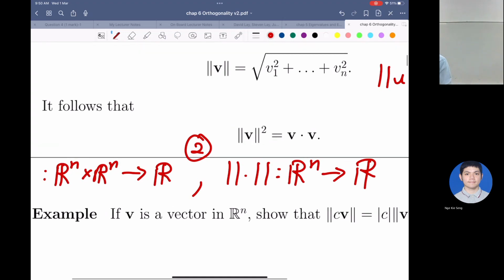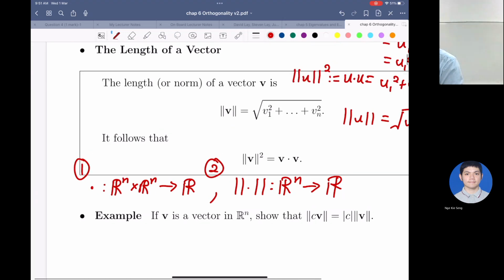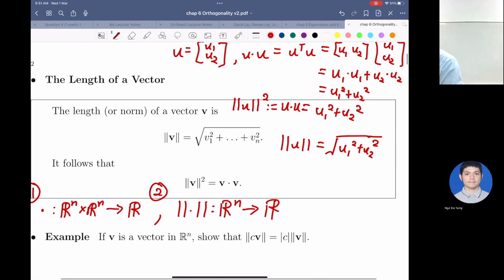Now I give you one vector, you give me one real number. What's the meaning of this R? It's actually the length of the vector. We define it as the length of the vector.